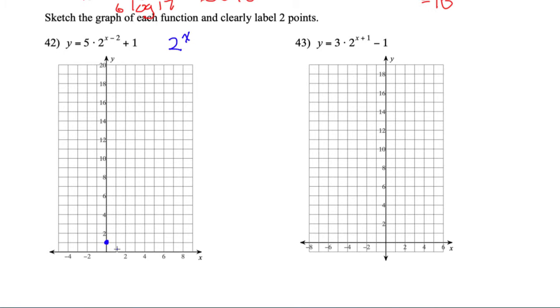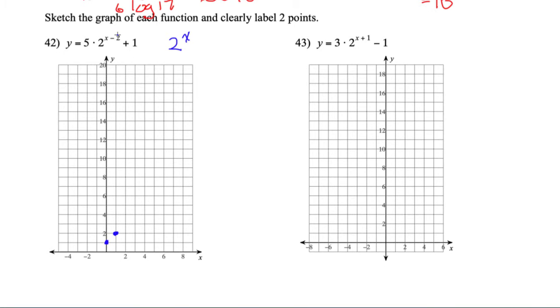When I plug in 1, it has a height of 2. I could do a half here if I really wanted to. I could go 4, then 8, then 16. If I was being very precise, I would use a ton of dots, but I only need to do 2. It says label 2 points. So those are my initial points.